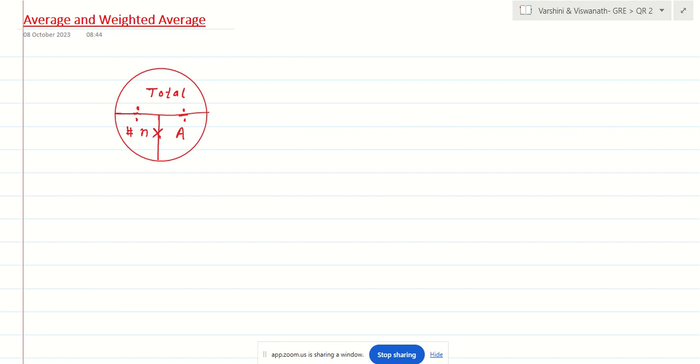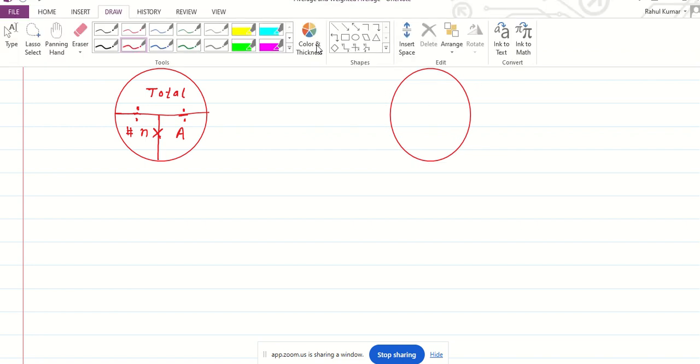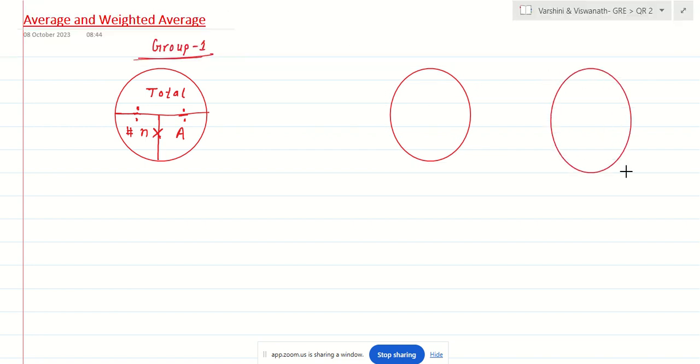So remember this: if there is only one group, and in this group there are many people, I find the average. What the weighted average means is, let's say there are multiple groups. Then we say the weighted average.